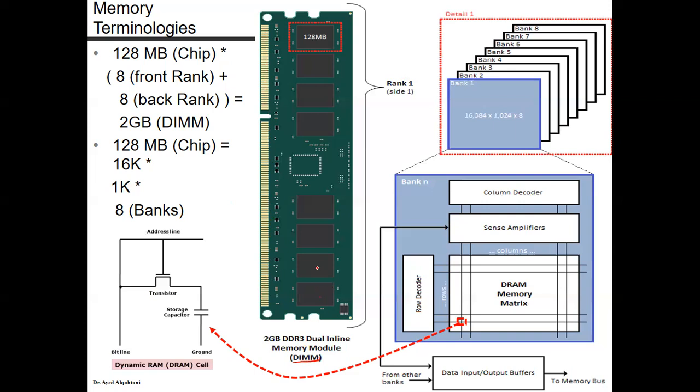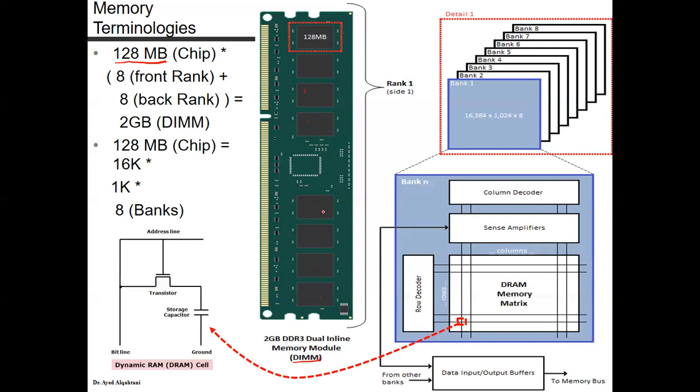Now here we have 8 black chips. Those black chips, each one of them is 128 megabytes. So we have 8 of them in the front rank, which is what we see in front of us in the slide.